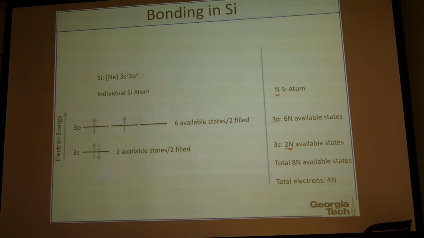And then similarly, 6n available states for the 3p orbital. So this is the total system.